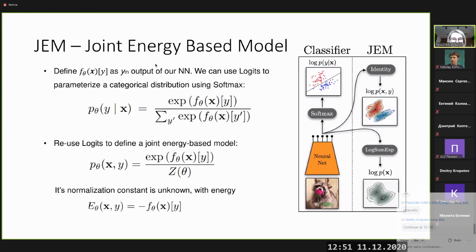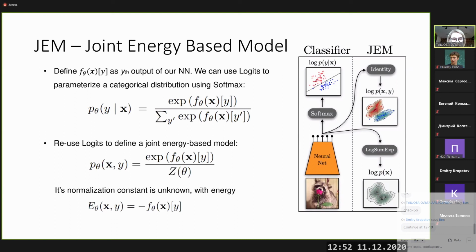After that, we use the logits in order to parameterize a categorical distribution, and we do that using the softmax function. So we take the exponent of the function f, and we divide it by the sum over all the values of y of the exponents of the function.